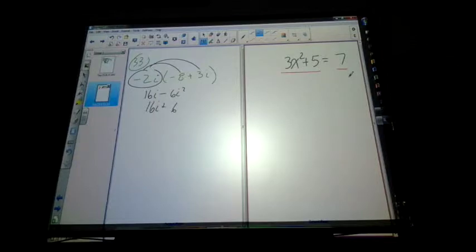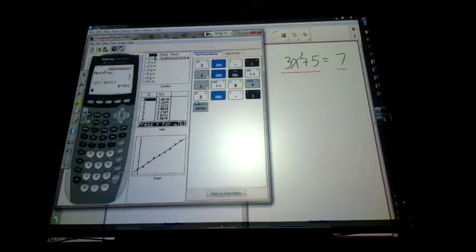Parabola, good. It opens up. Correct? What does the equation y equals 7 look like? A line. What kind of line? The horizontal line. Watch this. So you guys had said subtract 5, divide by 3, take the square root of both sides. Yes? Let's do exactly what I said.